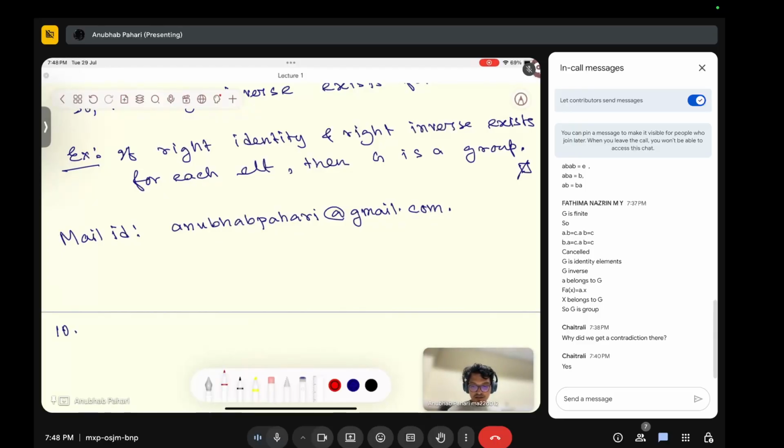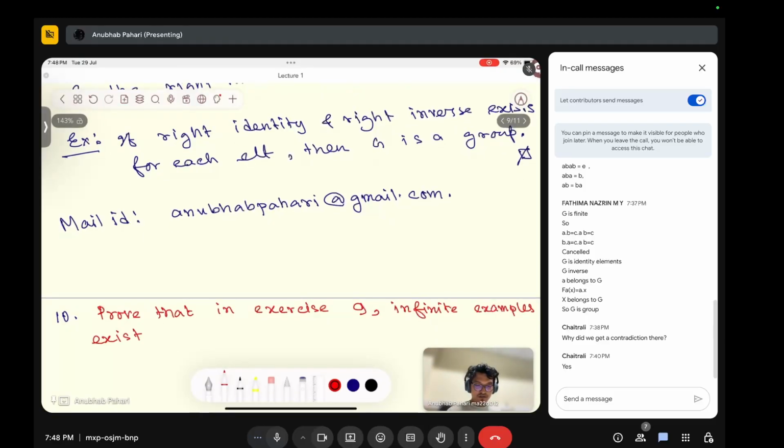Now prove that in exercise 9, infinite examples exist satisfying the conditions which are not groups.